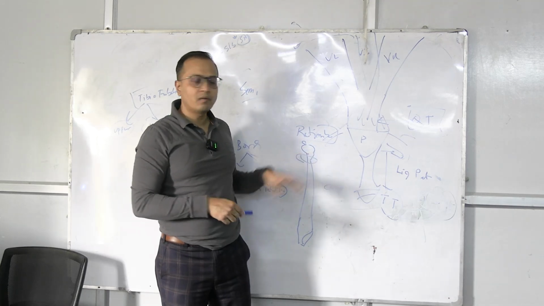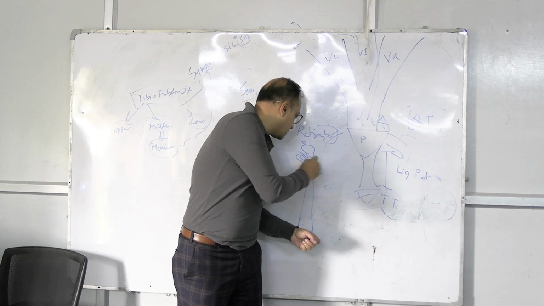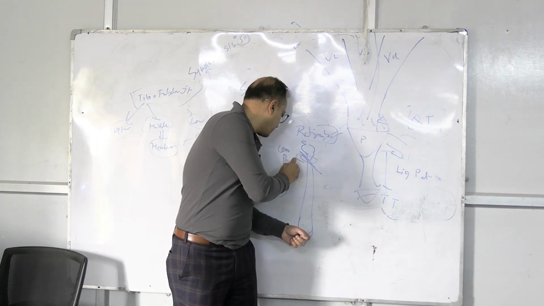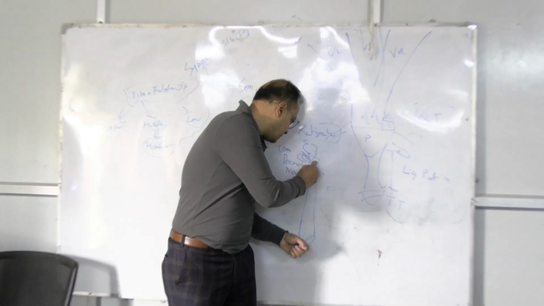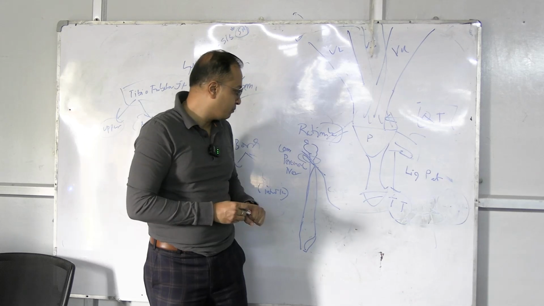An important nerve passes by here, the common peroneal, also known as the common fibular nerve, which splits into two branches: the superficial fibular and the deep fibular, or deep peroneal.